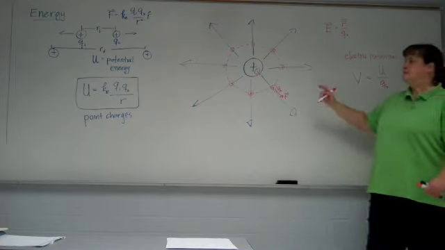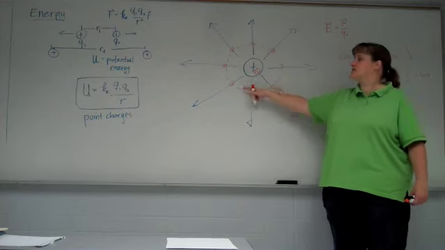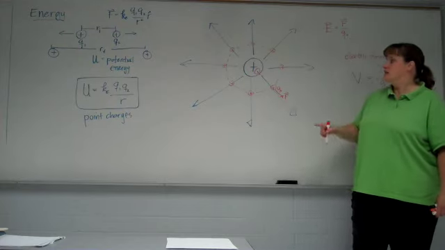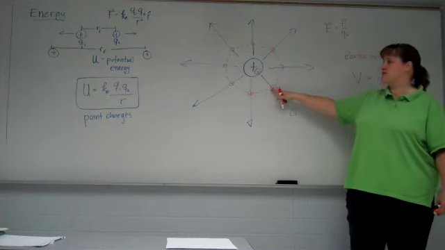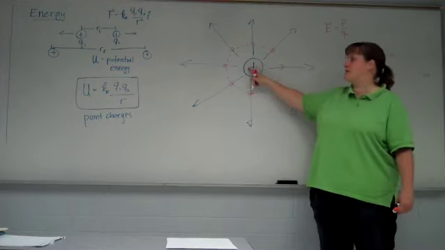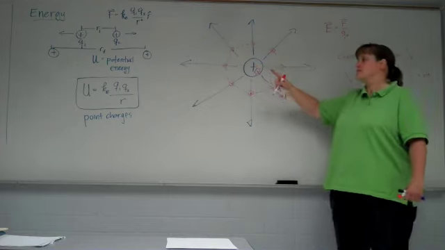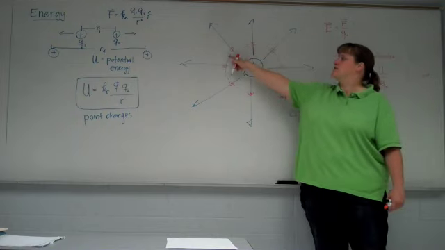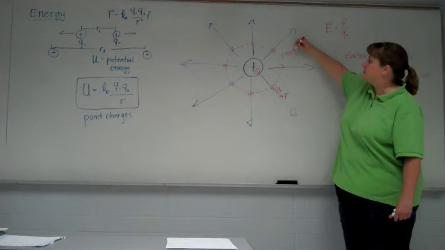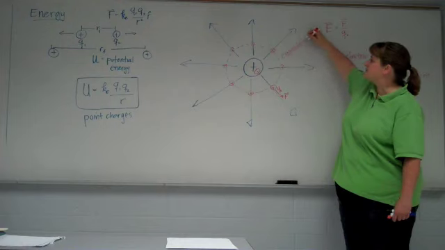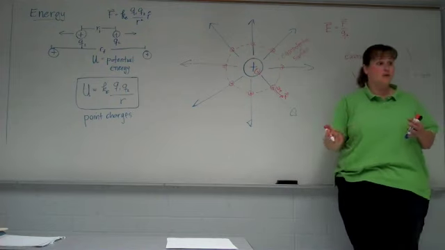Okay. So this location here, where these charges are equal distance from this big charge Q, they would all have the same amount of energy. It would be the same amount of energy between these two because they're all the same distance away. This surface, if I draw this surface, is called an equipotential surface, meaning equal potential.